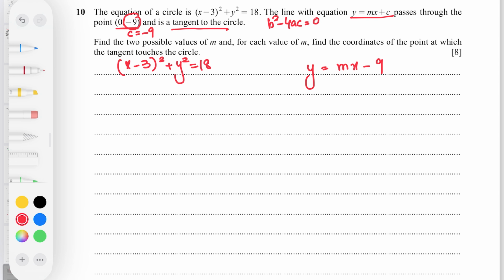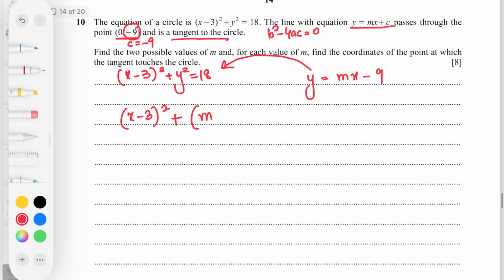Now we equate this line into the curve equation. We open it.